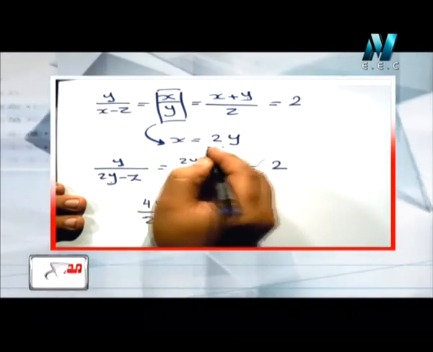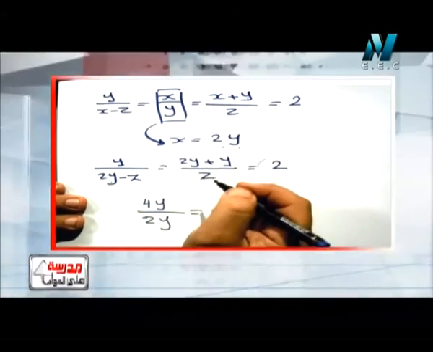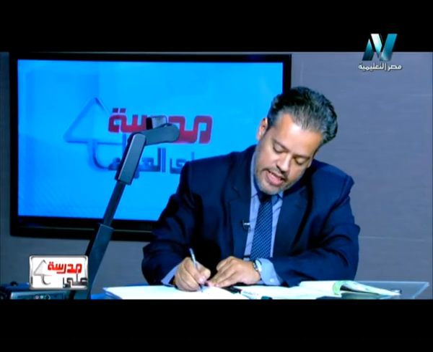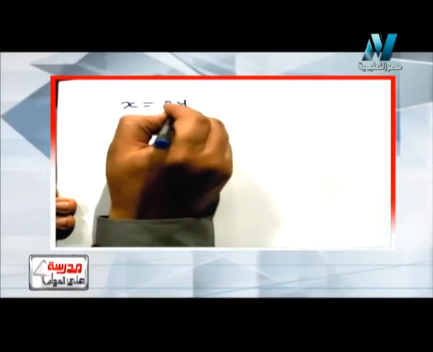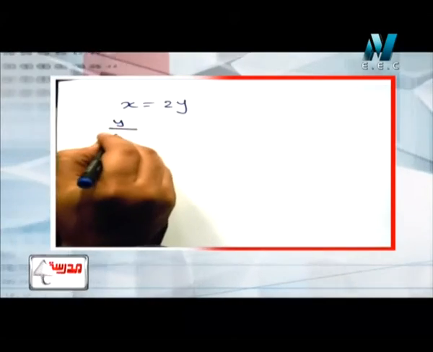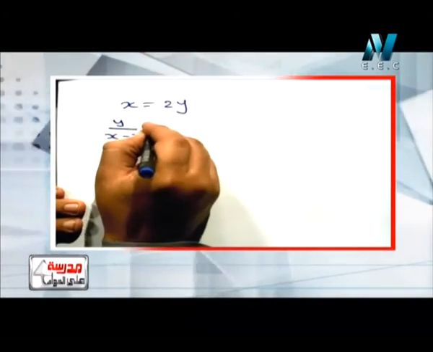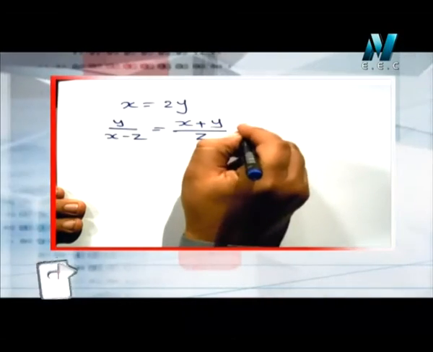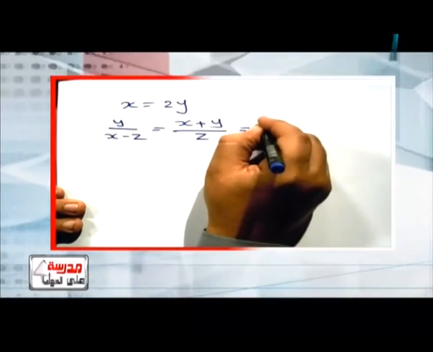So x equals 2y will help me now to find z, so I'm going to write it here. X equals double y, and we have y over x minus z equals x plus y over z, and this equals 2.